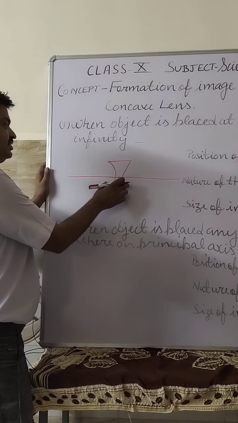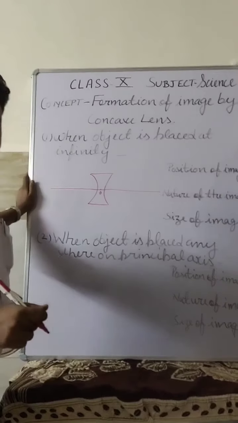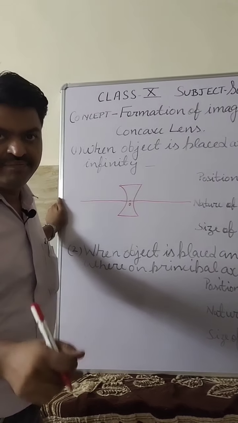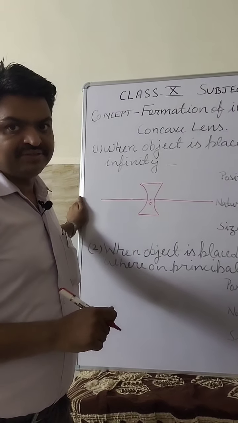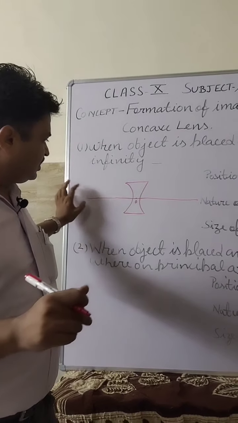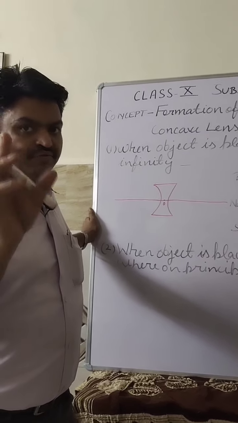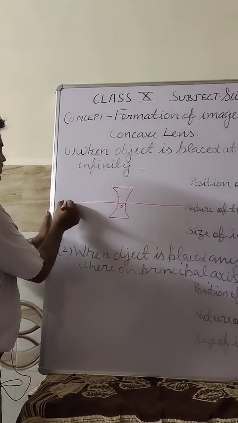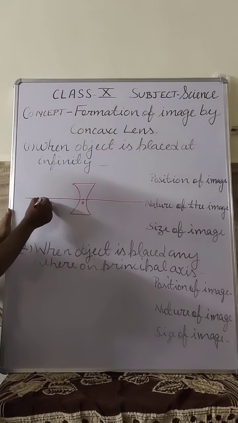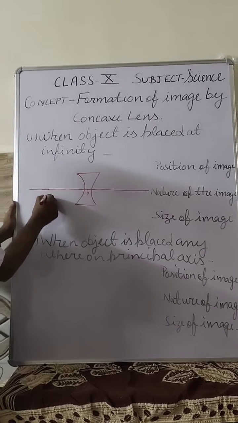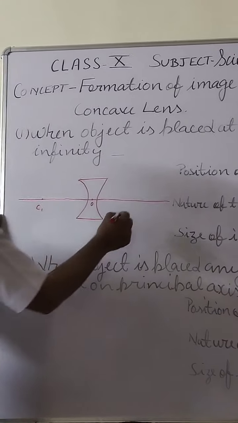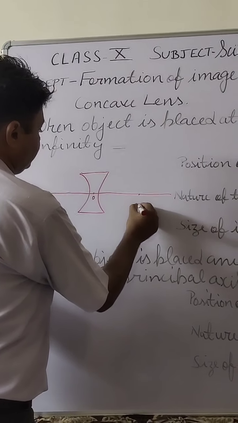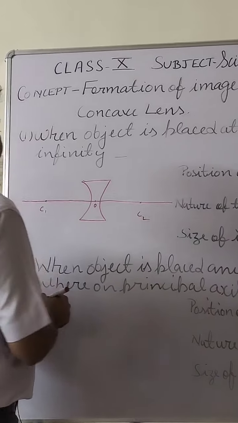Now we draw one straight line through this optical center. As you know, the concave lens is made by two spherical glasses. So, student, it also has the center of curvature. So that center of curvature we will denote here. This is the center of curvature 1 and it is the center of curvature 2.